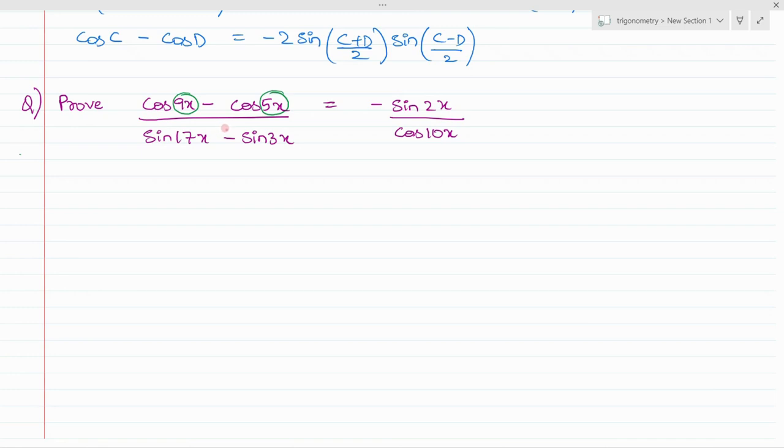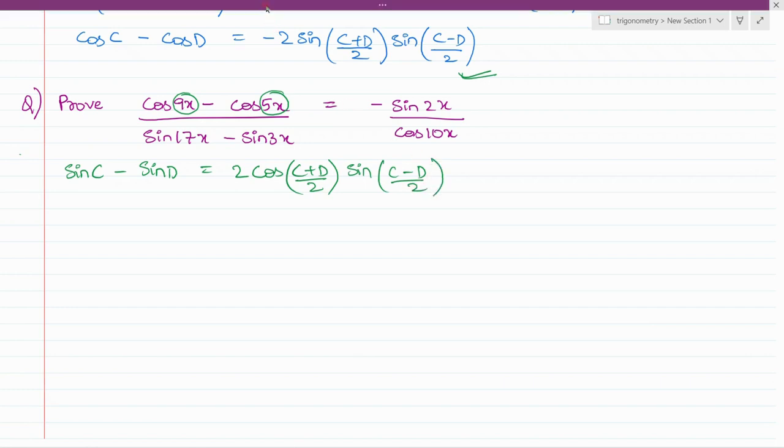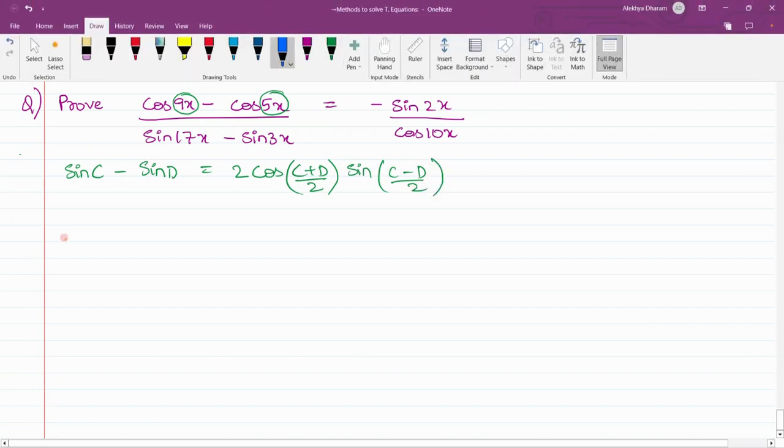The main thing is to use the formulas correctly. In the numerator we can use this formula, and in the denominator we need to use sin C minus sin D, which is nothing but 2 cos of (C plus D) by 2 into sin of (C minus D) by 2. So just use these two formulas.